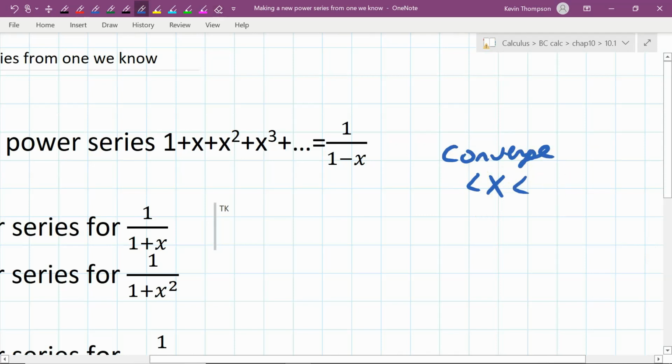So between -1 and 1. Which means it's going to diverge on the values equal to 1 and -1 and outside of that. Think number line outside of that.